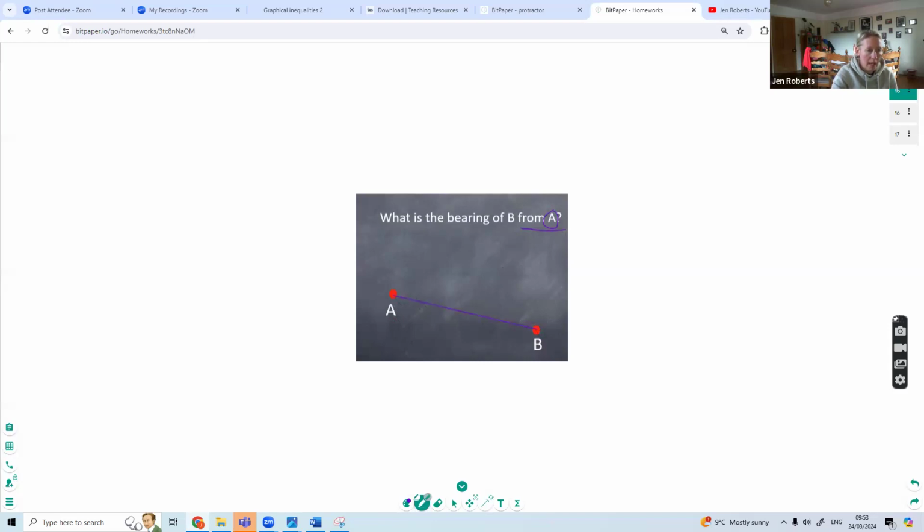So we're starting from A, that's where your north line has to be. And we want the bearing of B from A. Let's get our protractor ready. 105 degrees.